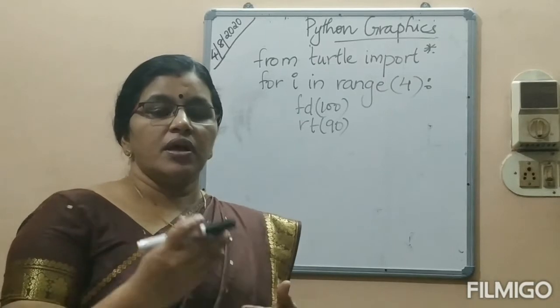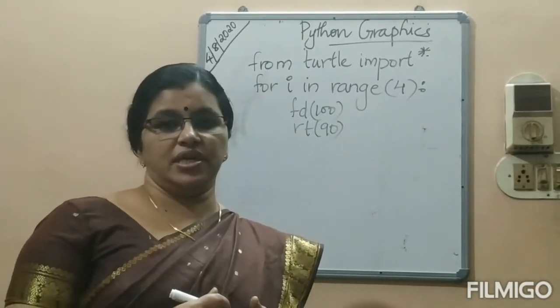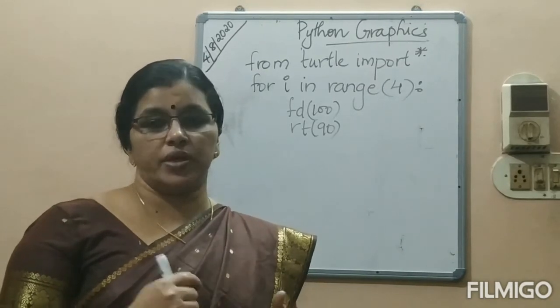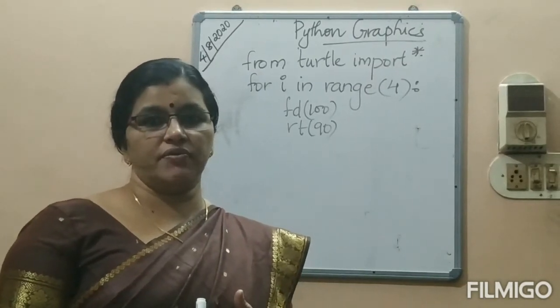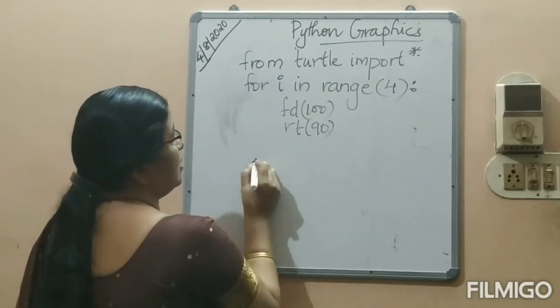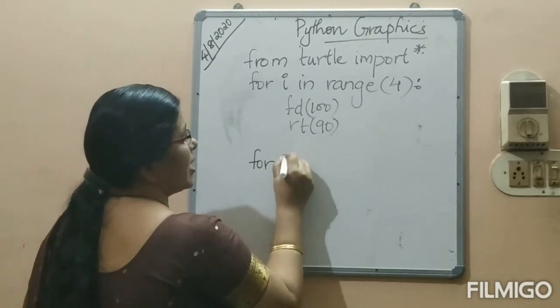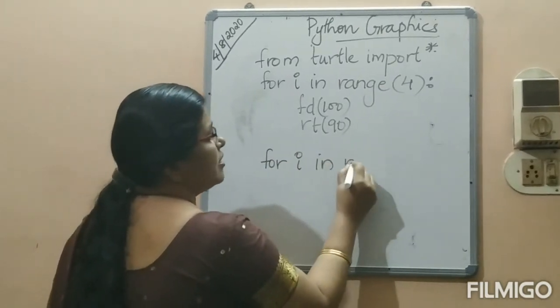Now we are going to draw a triangle, that is an equilateral triangle, a regular one. For drawing a triangle, what will be the command for I in range?